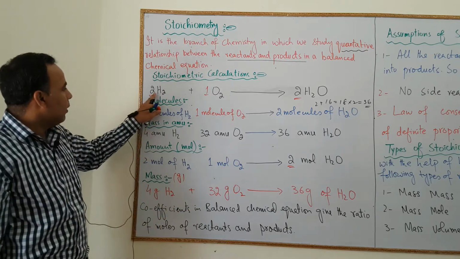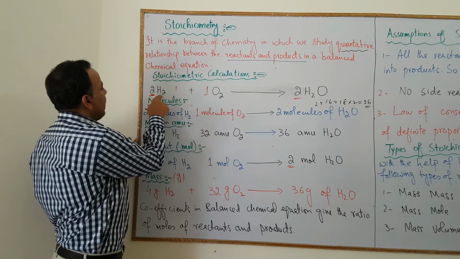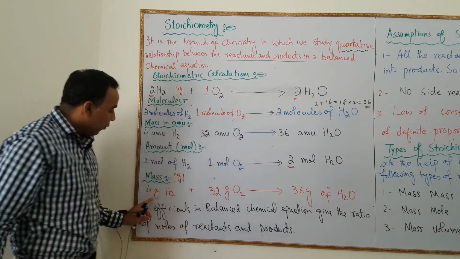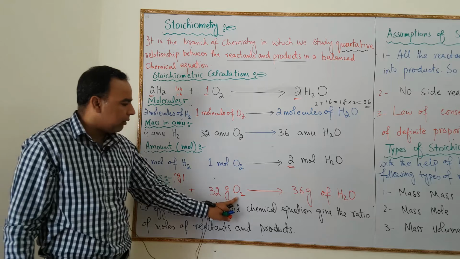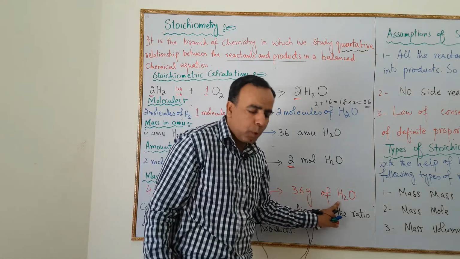Now if we do the stoichiometric calculation in the case of grams, mass in grams, then we see that 4 gram hydrogen has atomic mass 1 and there are 4 hydrogen atoms. 1 multiplied by 4 is equal to 4 gram of hydrogen will react with 32 gram of oxygen, then 36 gram of water will be produced.